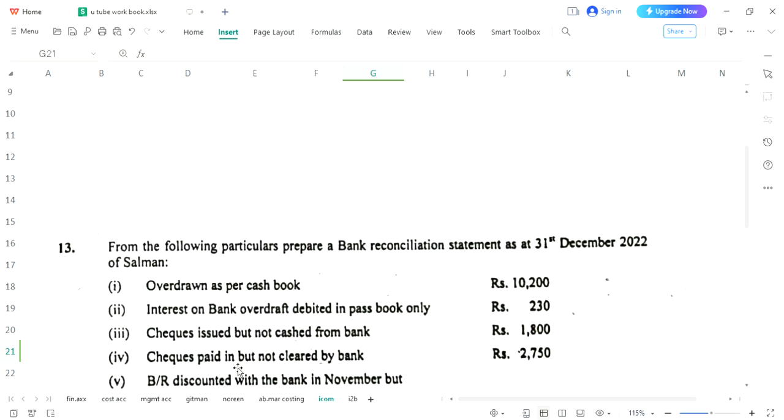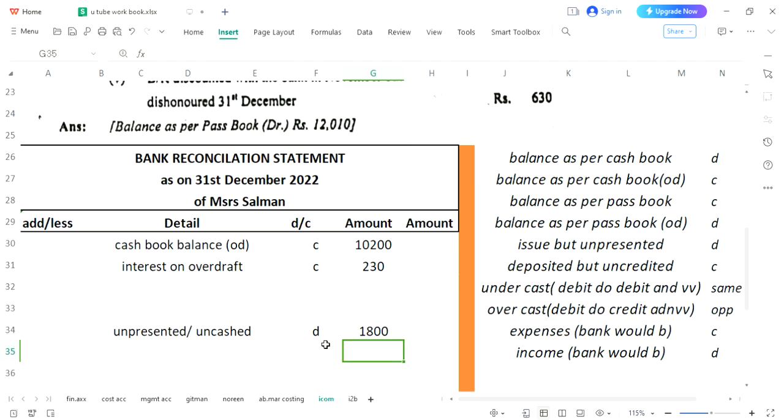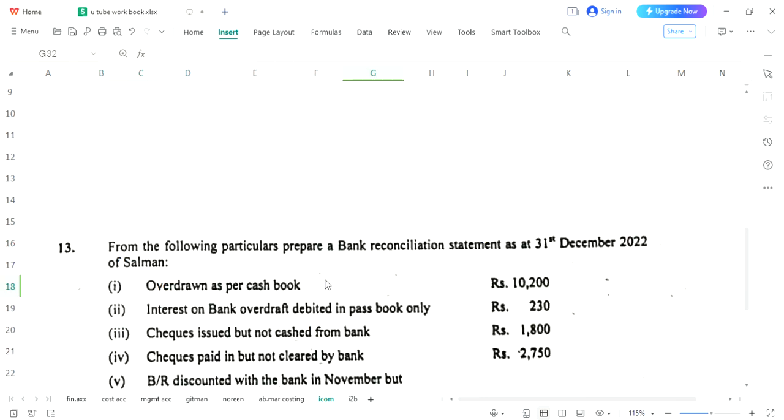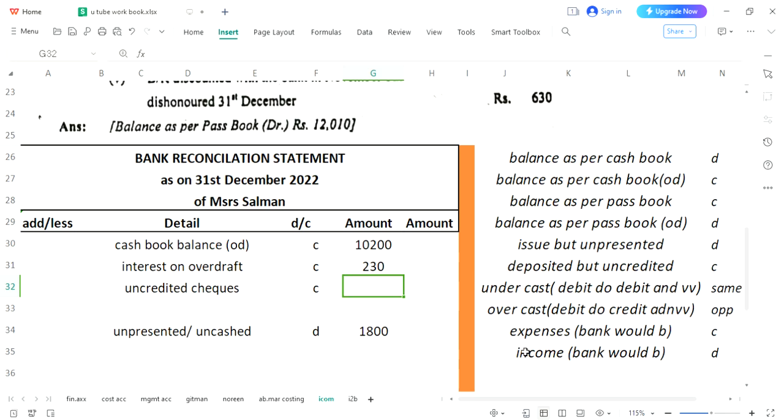Next is paid in. Paid in are deposited checks. And what do we search in deposited checks? Uncleared or not cleared. Uncleared checks should be written on the credit side. So here we will go on the credit side and write uncredited checks. Let's see how much the amount is, paid in but not cleared: 2750.